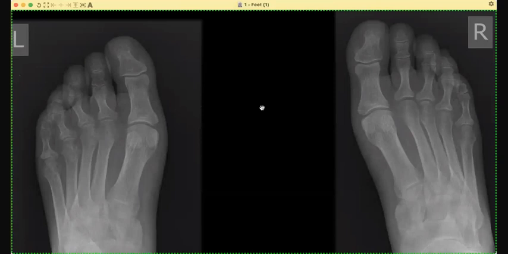Which metatarsophalangeal joint? Means it is first, second, third, fourth, fifth. Mainly of the fourth and the fifth. Yeah, on the right side the fifth. On the left side the lateral four, from second to fifth.